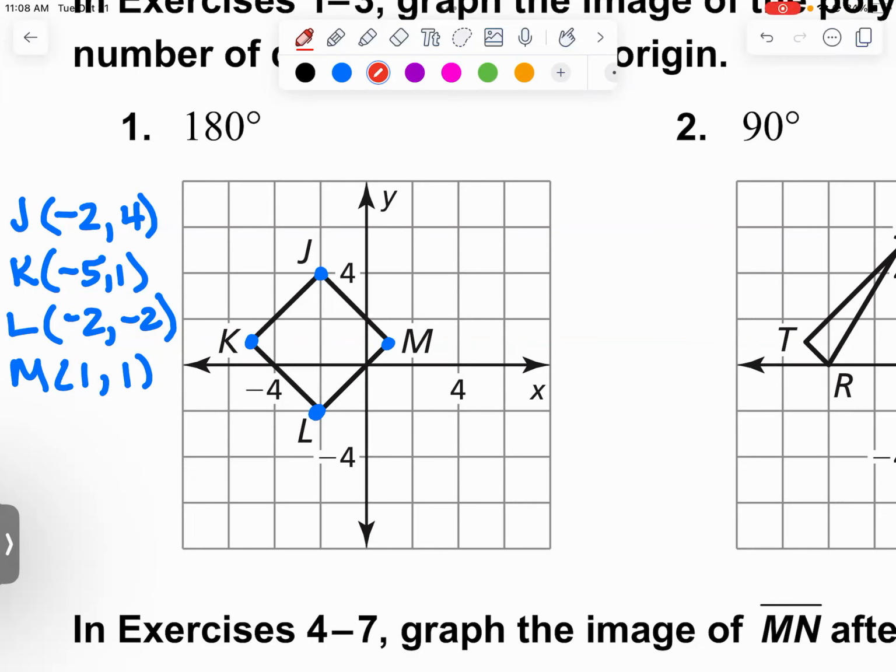Do you see how my iPad is now upside down? And now, from the origin, with my iPad or my notebook upside down, here we go. I am gonna go left 2, up 4 for my new J.